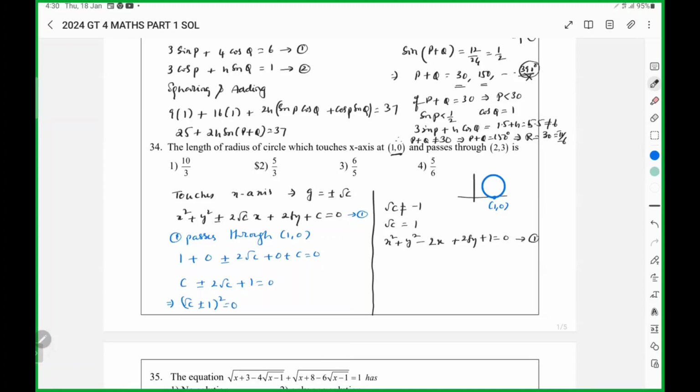Say it's 1 or 2, it passes through 2 comma 3. Six f is this, f is 5 by 3. g square is already c, so r will be 5 by 3.